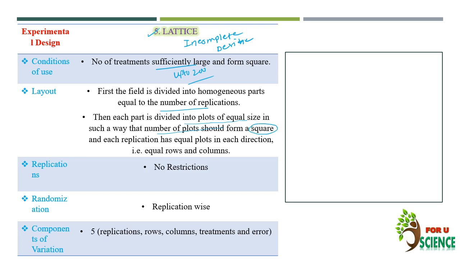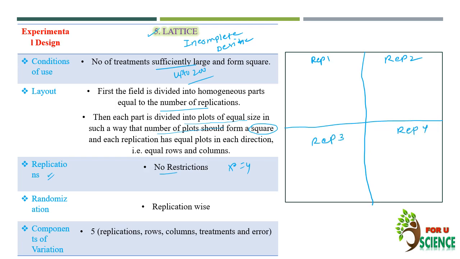Okay. In this case, there is no restriction on replication, but usually we use 4 replications. We divide our field into 4 equal parts, replication 1, replication 2, replication 3, and replication 4, and we allocate our treatments like 1, 2, 3, 4, 5, 6, 7, up to 20. Suppose the number of treatments is 20, we allocate them in 4 replications.